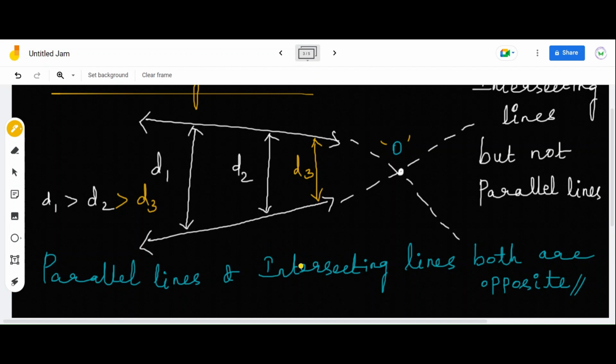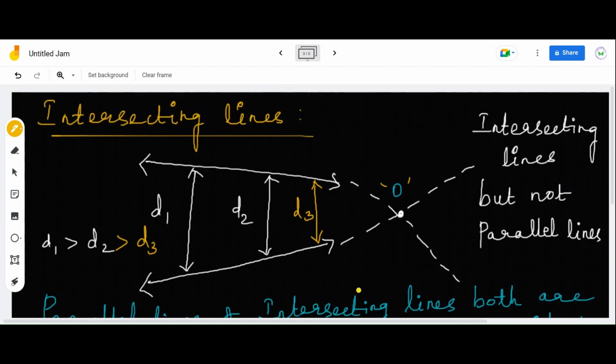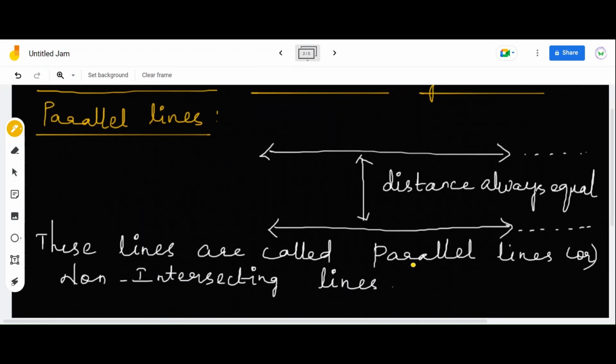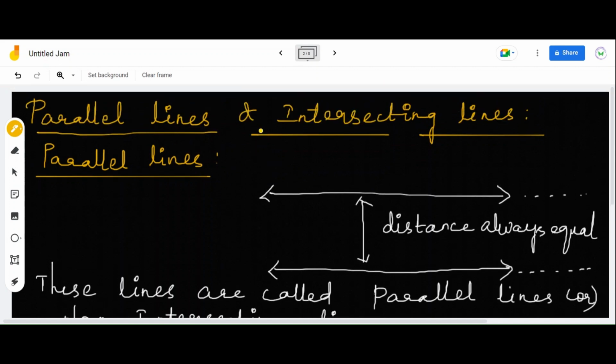Intersecting lines intersect at a certain point O, but the given lines are not parallel. Those are called intersecting lines, whereas parallel lines do not intersect till the end, and the distance remains equal. So this is the difference between parallel lines and intersecting lines.